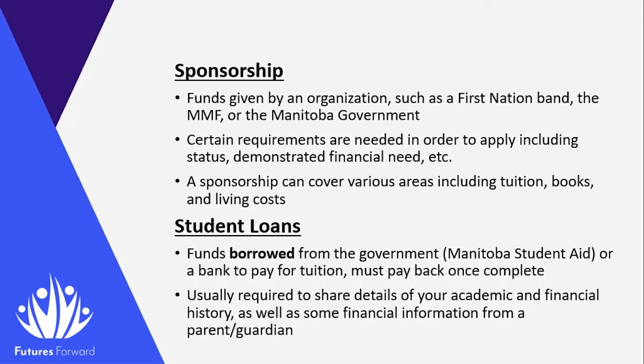They usually require you to share details of your academic and financial history, as well as some financial information from a parent or guardian. So say if you are under 18, still living with your parents, and you're not the main financial person in your home, then a loan may need their information as well.